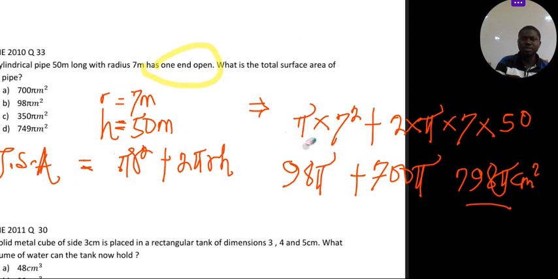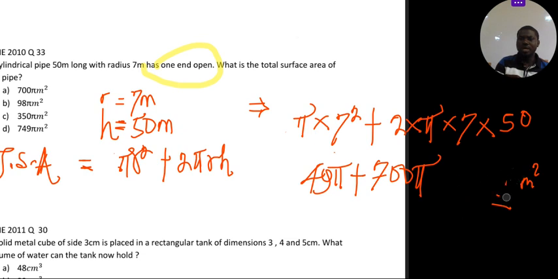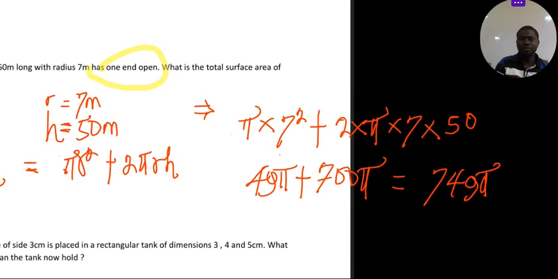So we calculate these two. That's pi radius squared, pi 7 squared, that's 49 pi. So 49 pi plus 700 pi, that's 749 pi, since one of the ends is open. 749 pi cm squared.